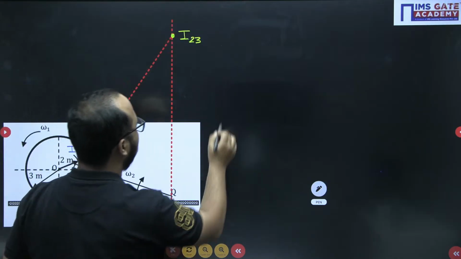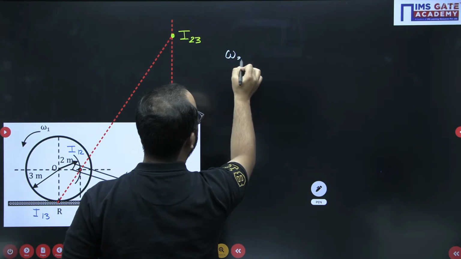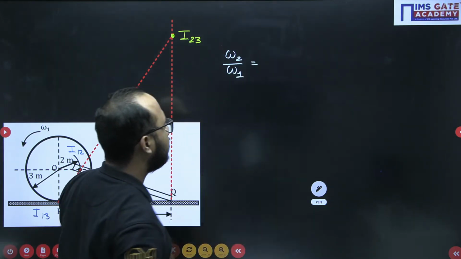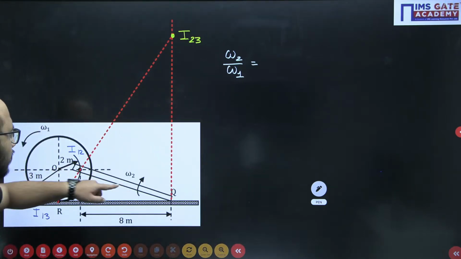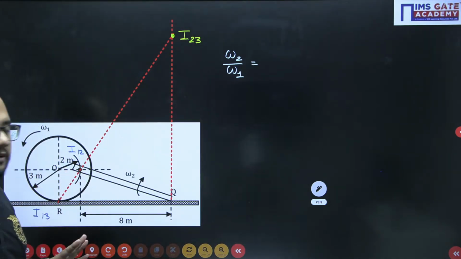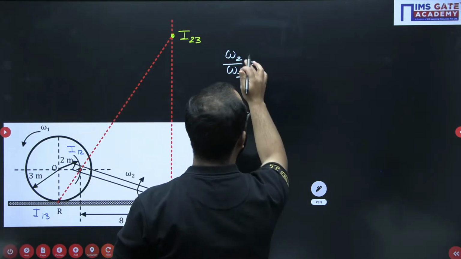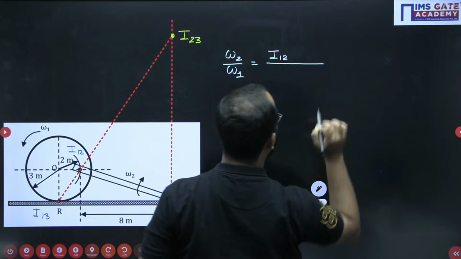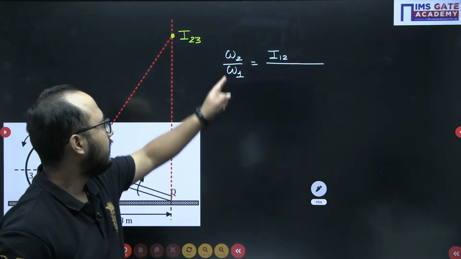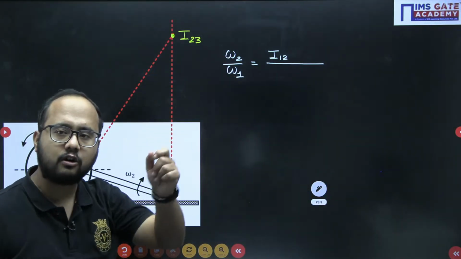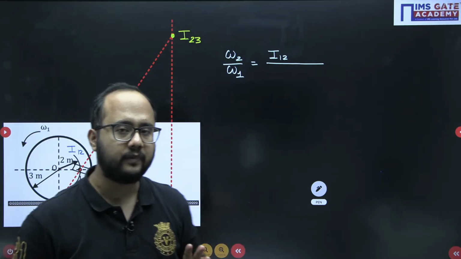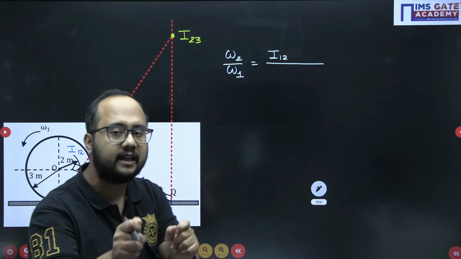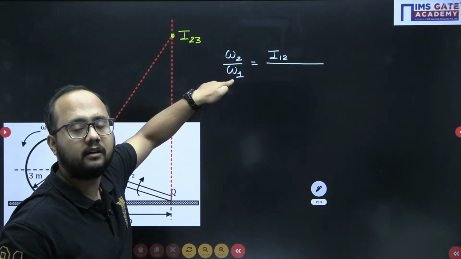So simply I will write omega 2 by omega 1. Link number 1 is your disk, link number 2 is your rod. How to write this ratio? First of all, the common I center will come. Links 2 and 1, their common I center will be I12. Now you need to take the distance of I12 from the I center of the denominator link.